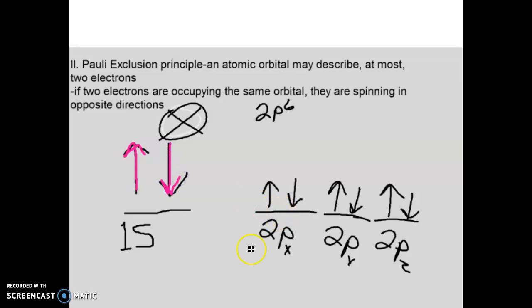When we get to the p sublevel, we break that down into 2px, 2py, and 2pz. Again, each can only hold 2 electrons. If it holds 2, we say that one is spinning in this direction, the other one is spinning in the opposite direction.